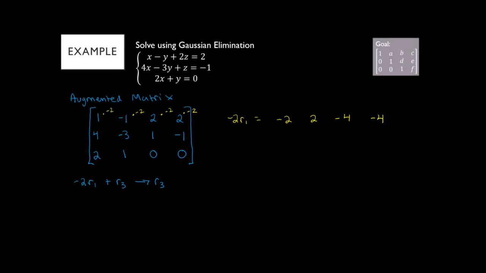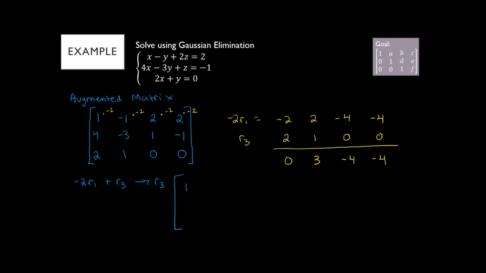And then we've got row 3, so that's 2, 1, 0, 0. I add those together and get 0, 3, -4, -4.